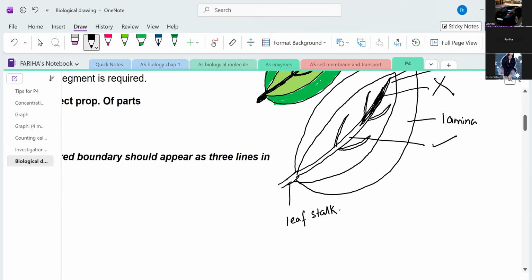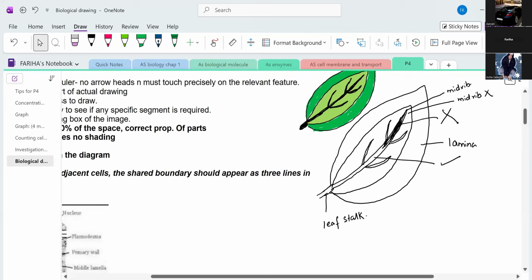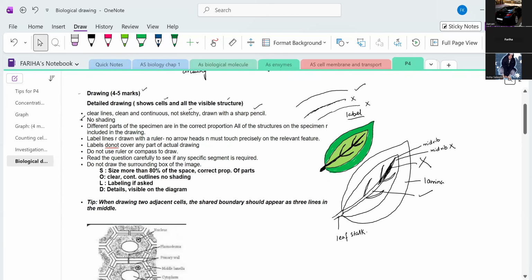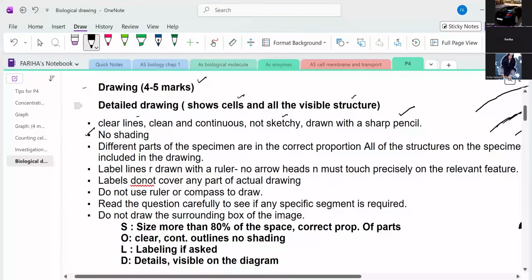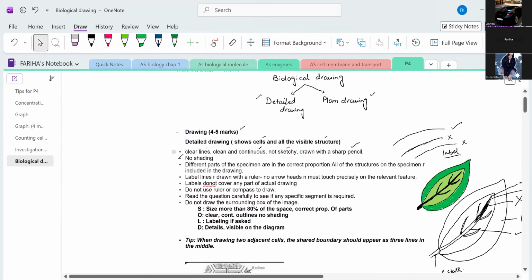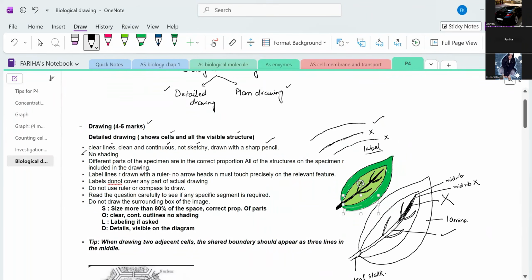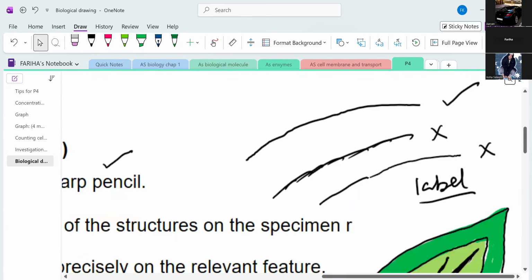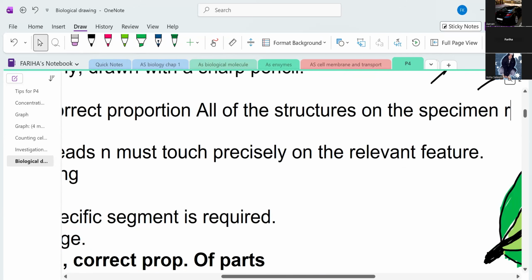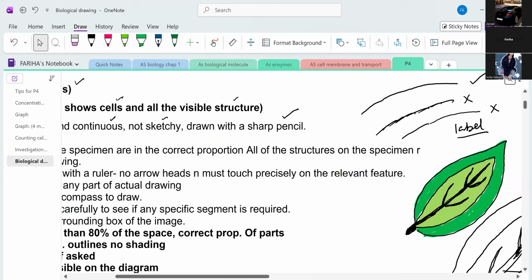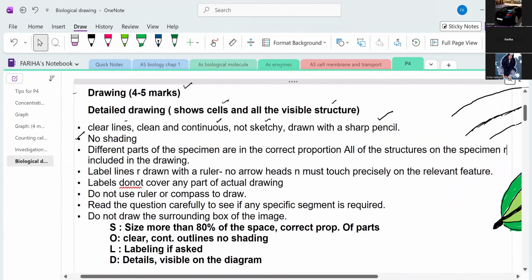Okay, so for any detailed drawing, number one, there should be clear, clean, continuous lines, not sketchy, not discontinuous. And no shading, it will be marked wrong.